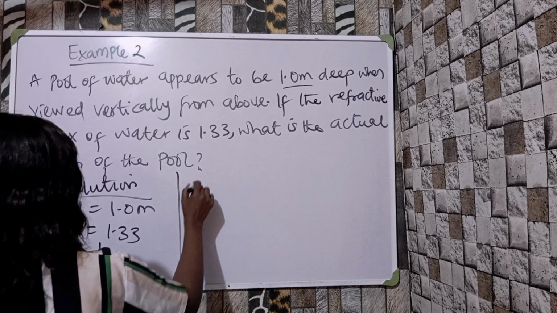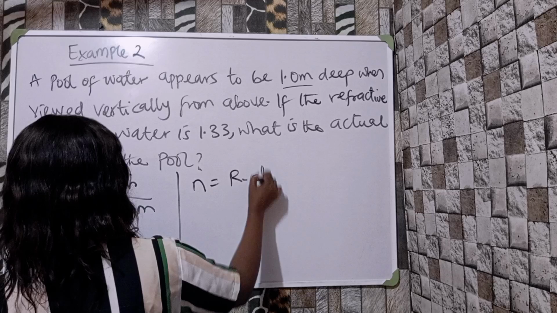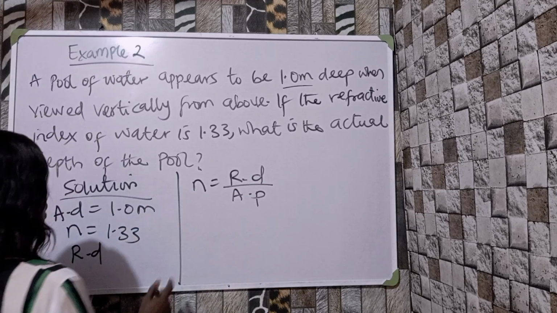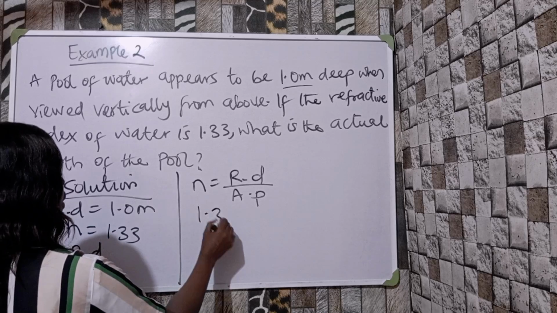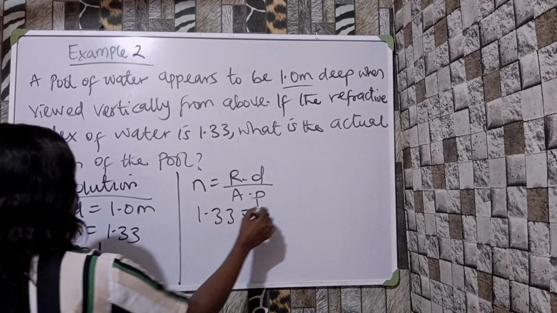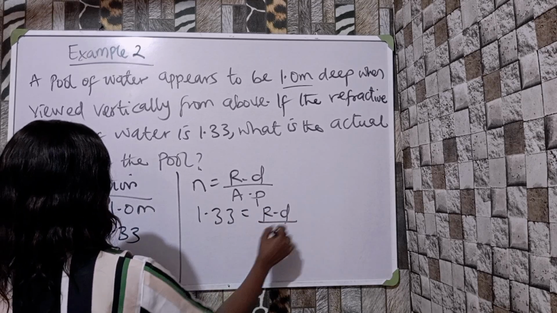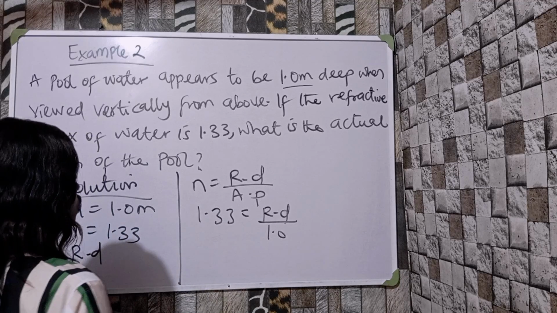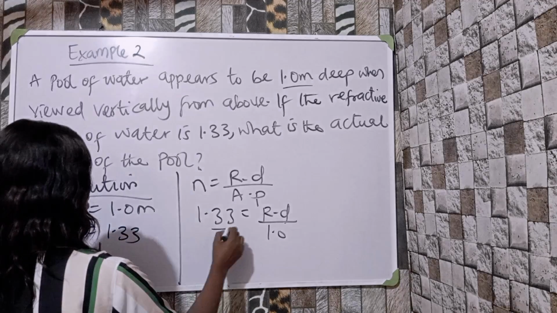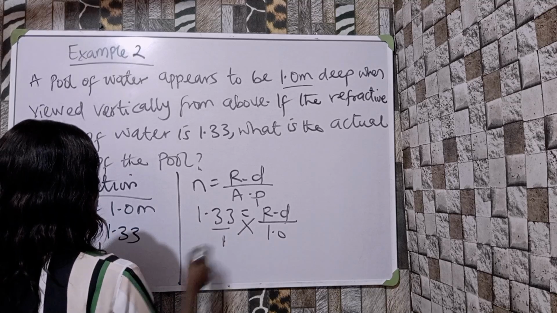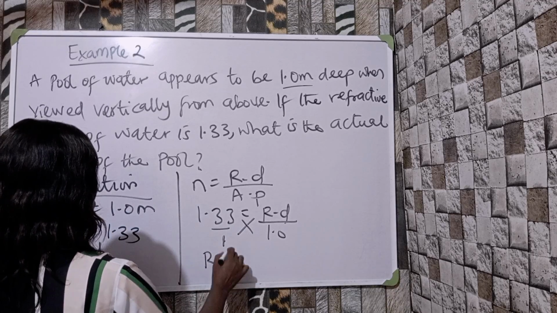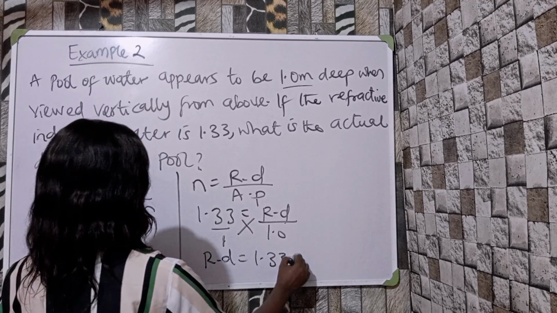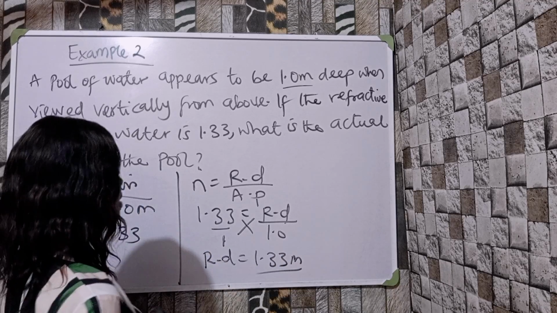So using our formula, n is equals to real depth over apparent depth. Now we substitute in to have 1.33 is equals to real depth over 1, okay. So what are we going to do? We're going to say this is over 1, cross multiply. My real depth is equals to 1.33 meters. Is that okay?